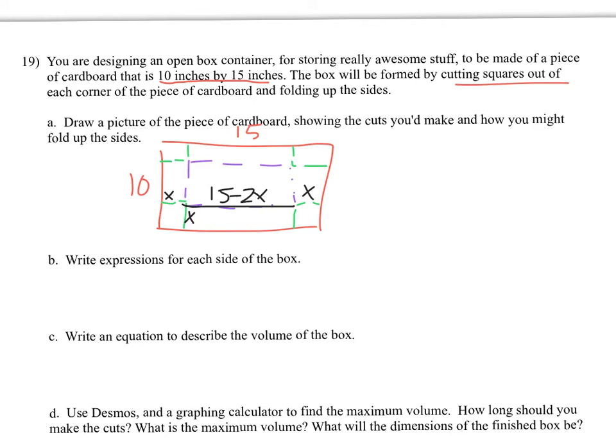And vertically, I'm going to end up with, so that's this side, 10 minus 2x because I'm cutting an x away from both sides. Okay, so each side of the box, so if I've got a box, we need a length, a width, and a height.